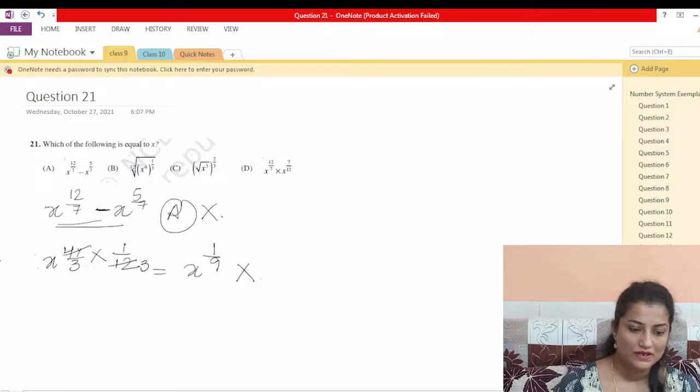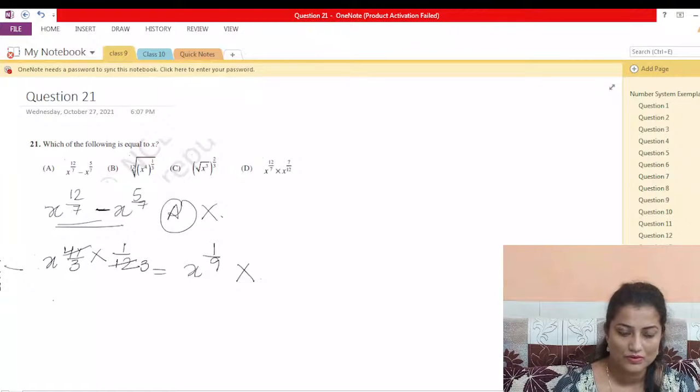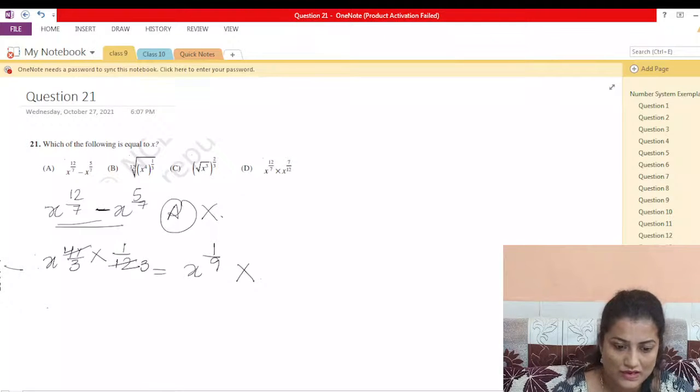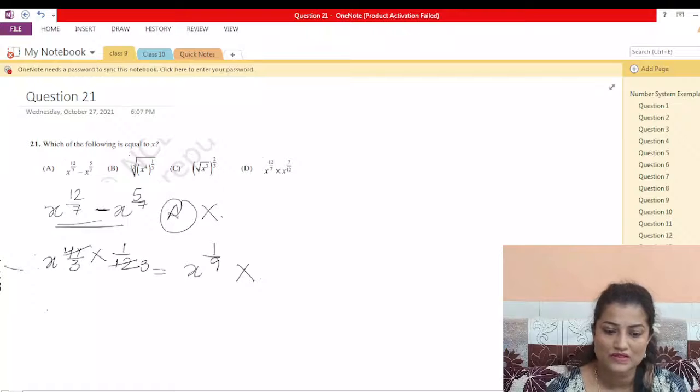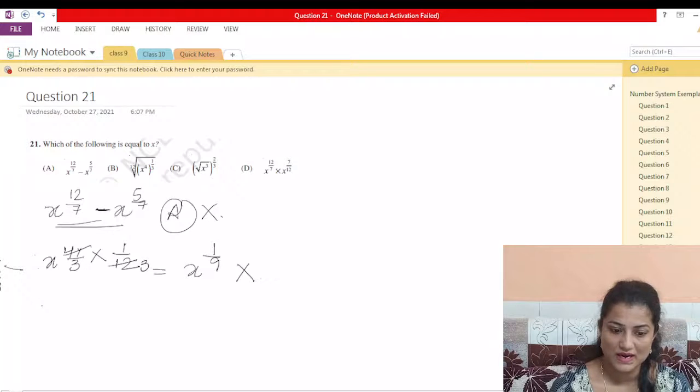Now if we take option D, that is x raised to 12 by 7 into x raised to 7 by 12. We have talked about that when the bases in multiplication are the same, the powers are added. So we can add the powers here, x raised to 12 by 7 plus 7 by 12.